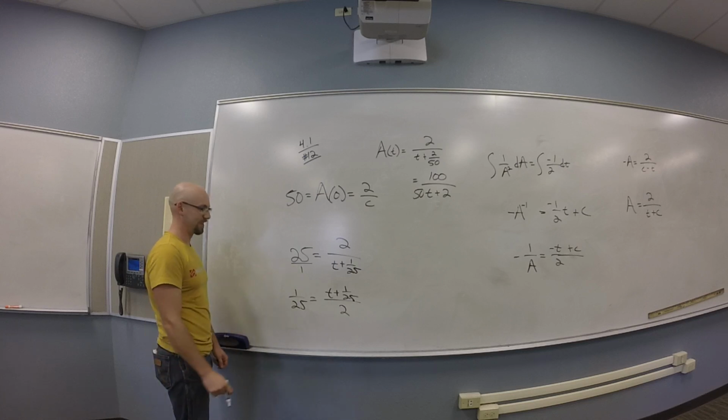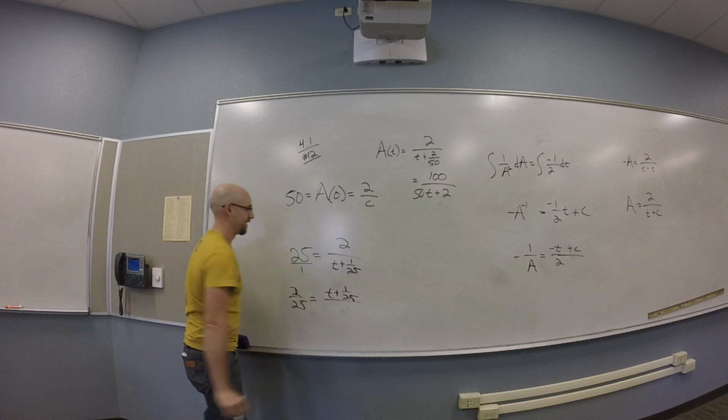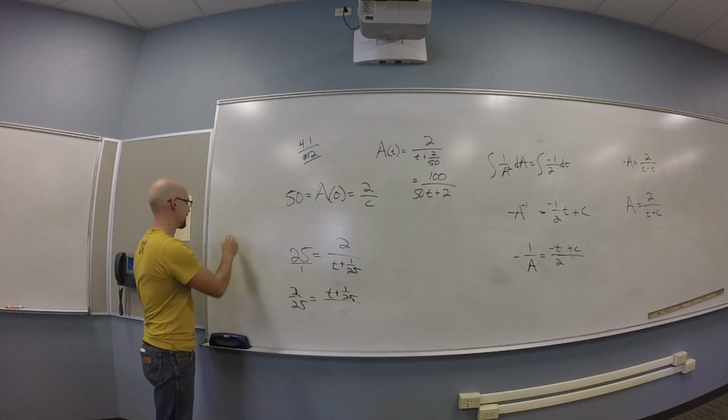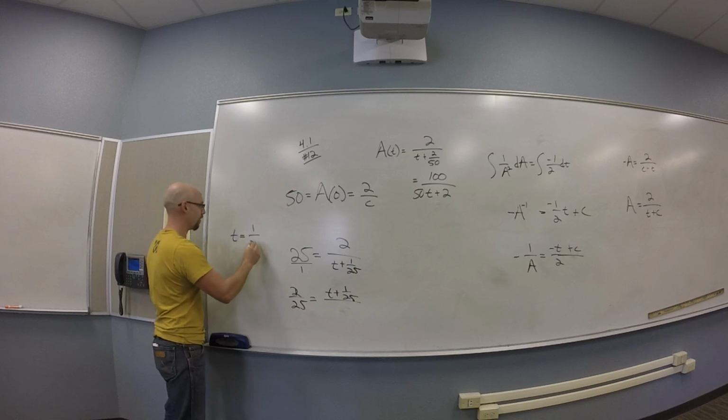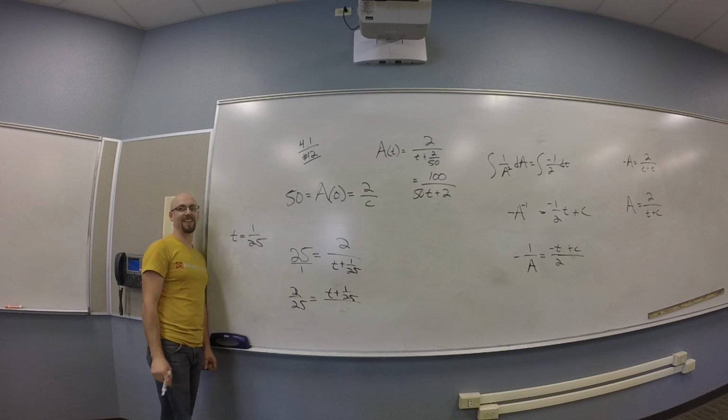Multiply the 2 to the other side, and then subtract, so t is 1 over 25th.